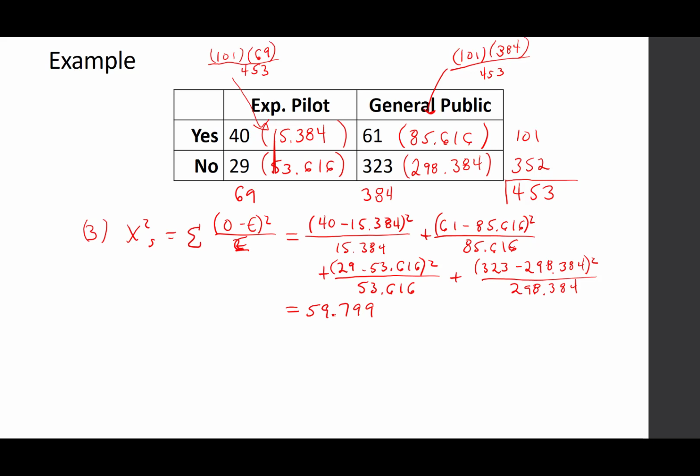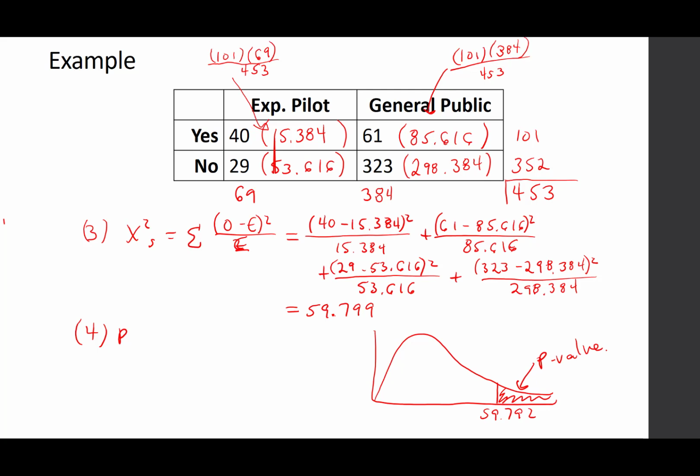But anyway, let's go ahead and calculate out that p-value. My p-value is going to be the area to the right of the test statistic in the chi-square distribution. So my chi-square distribution is a right-skewed distribution. My test statistic is 59.797.